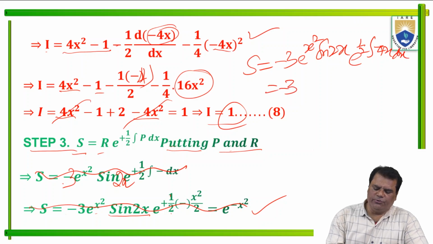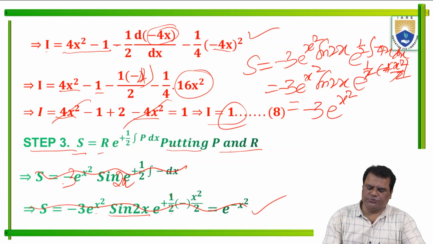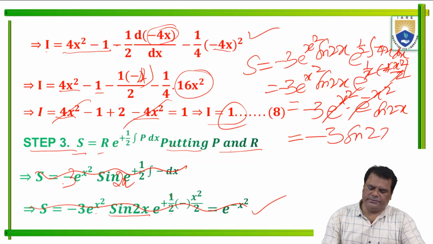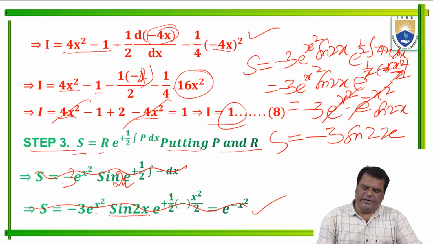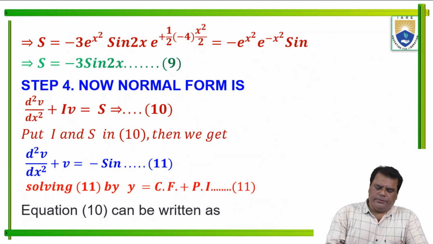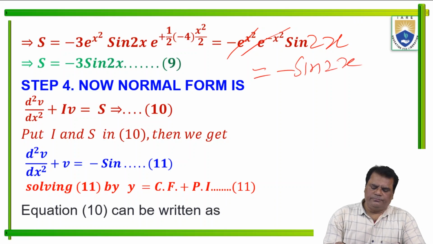So minus 3 e to the power x squared sin 2x into e to the power plus half of minus 4x squared by 2. So this is minus 3 e to the power x squared and e to the power minus x squared; this cancels, and here is sin 2x. So s is minus 3 sin 2x.